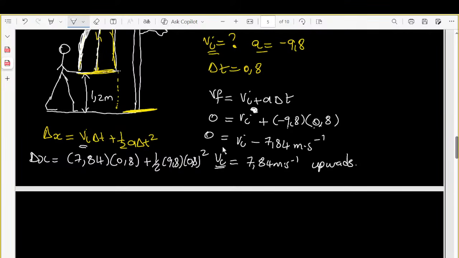Right, let's separate these two. Right, so now when you punch this on the calculator, what is your delta x equal to? What is your delta x equal to?